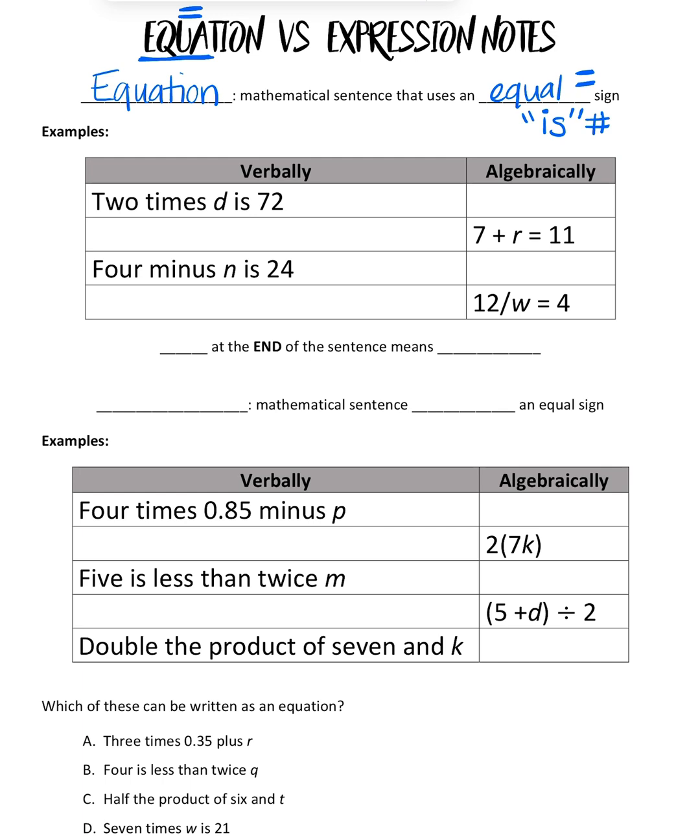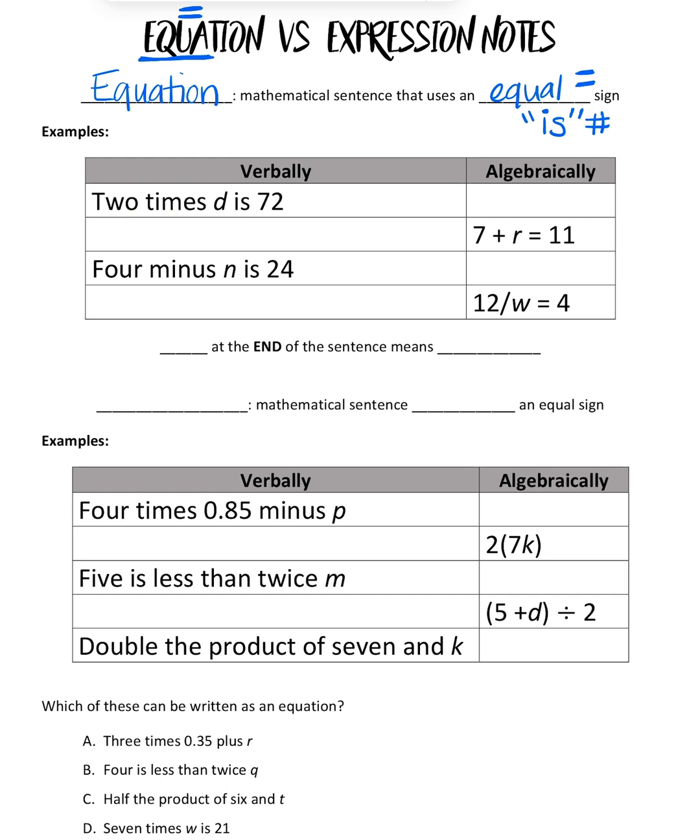So let's go through some examples. We're going to talk about examples verbally and examples algebraically. When I say verbally, I mean it's written out in words, and algebraically means it's written out as a mathematical sentence. All right, so it says 2 times D is 72. These are examples of equations, and they're equations because they have is or equals.